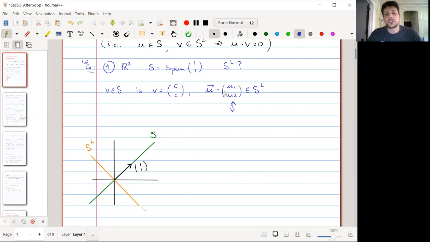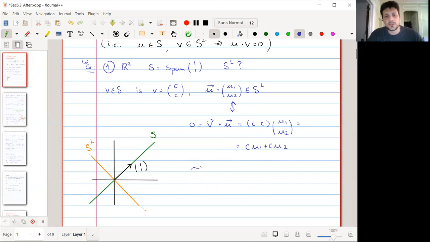So if I want a vector U that is in S perp, in the orthogonal complement of S, I need to make sure that I get a 0 when I compute this dot product. In other words, when I multiply the vector (C, C) times (U1, U2), I must get a 0. This dot product is CU1 plus CU2.